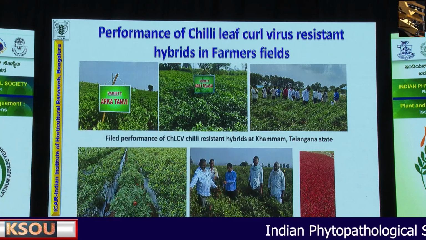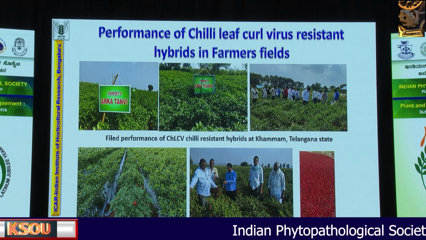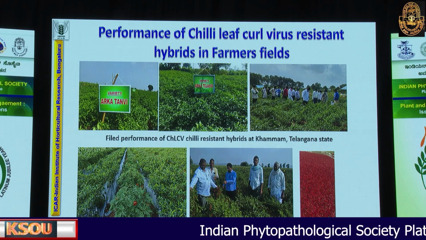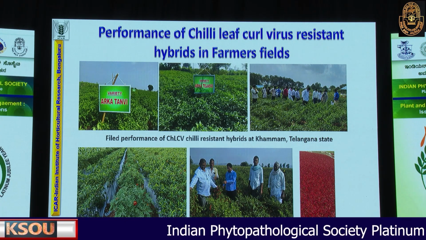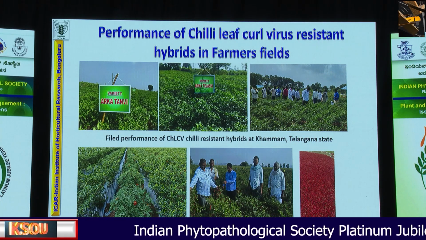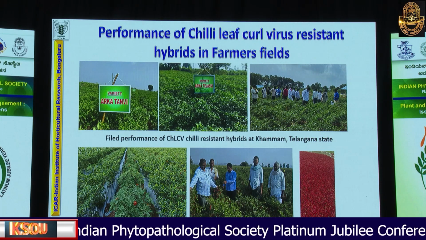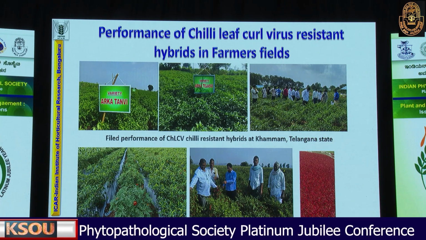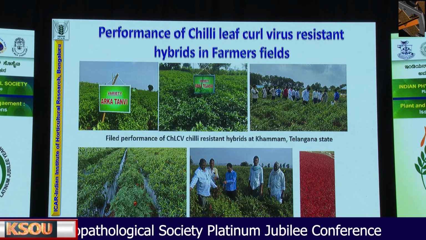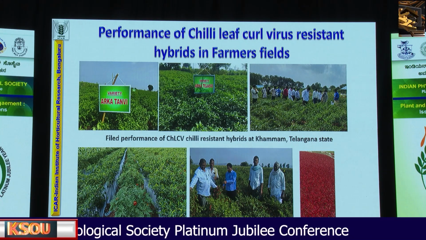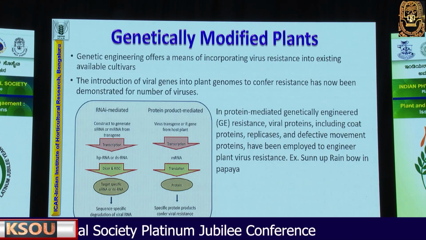These hybrids have undergone field performance trials and been demonstrated in three different states, and the farmers are very happy. In spite of black thrips incidence, our hybrids performed much better, with less chili leaf curl and higher returns in terms of yield and quality.